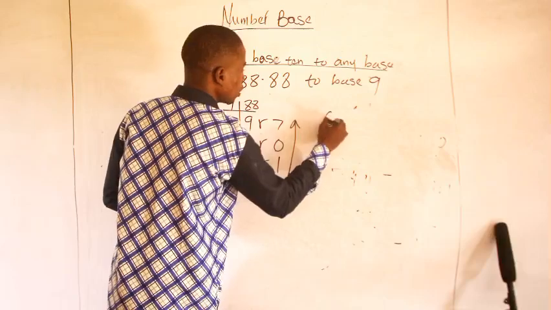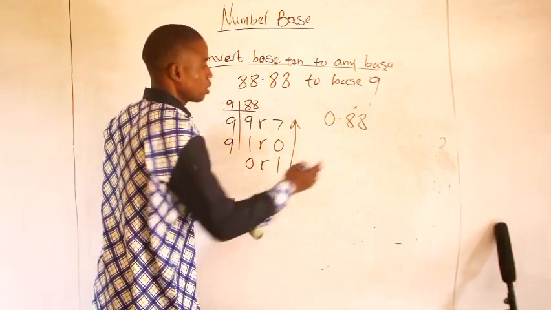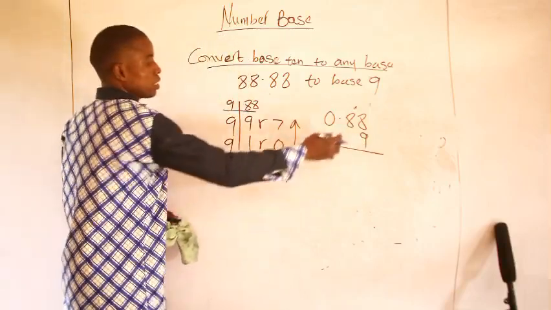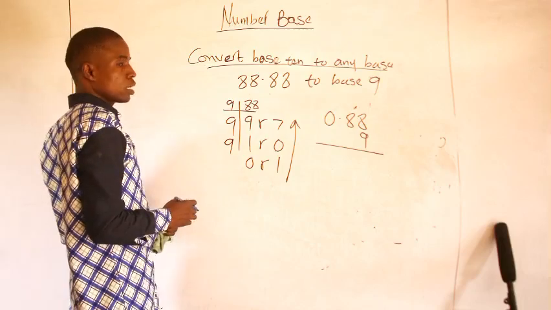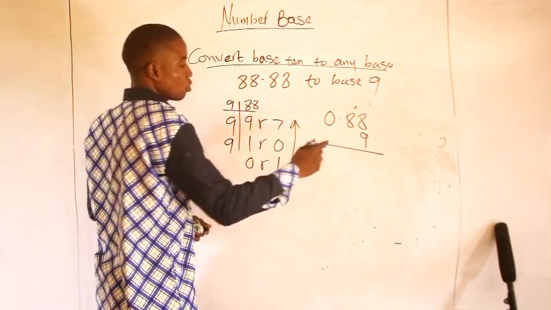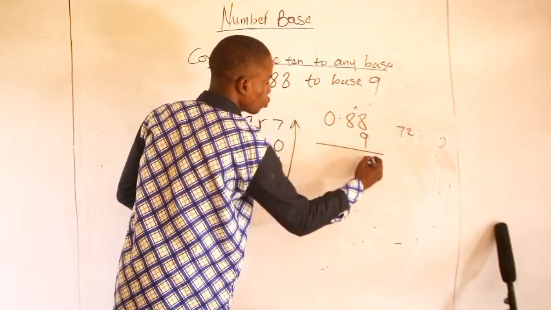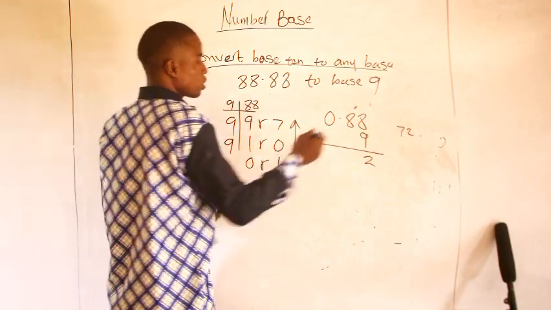The part 2, 0.88. What can we do? 9. This one and this is what? Don't waste time. 72. Now, you write 72. You write what? 2. This one and this is what? 72 plus 7.